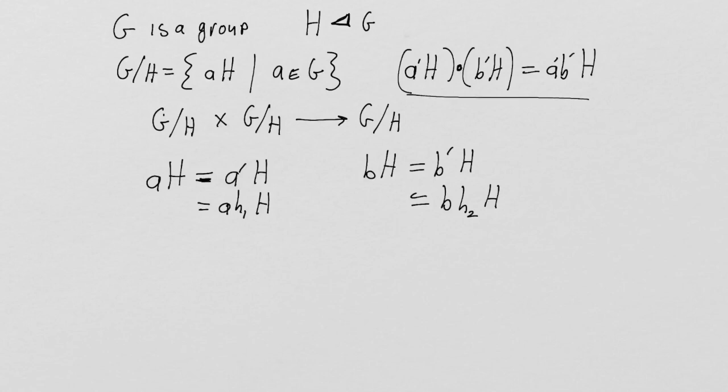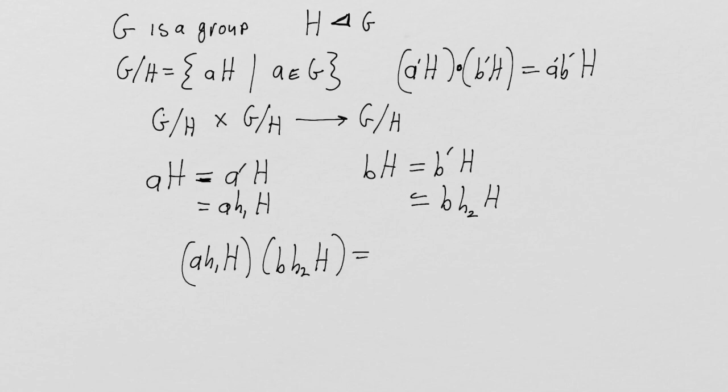So the way I've written it just there with those primes, is going to be AH1H, right, times BH2H, right, which is supposed to equal AH1BH2H, right? That's how that would have to work.